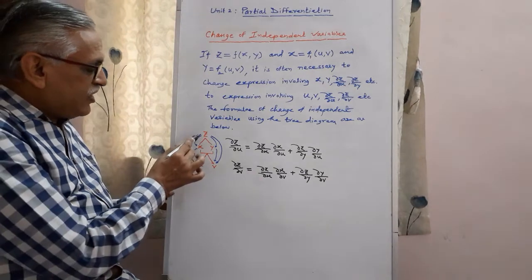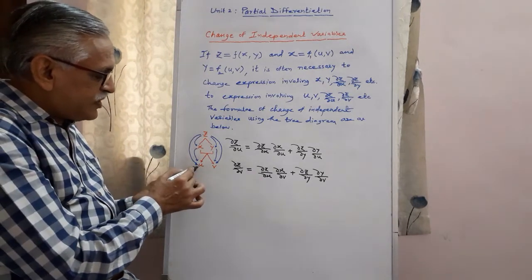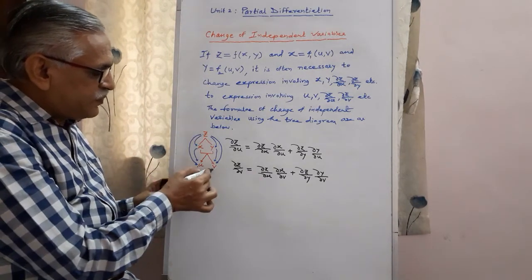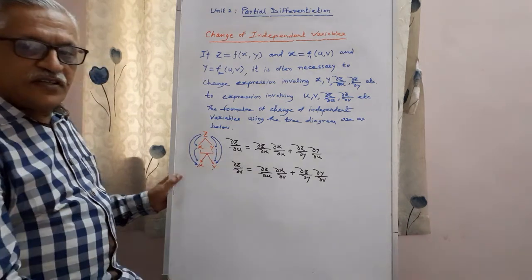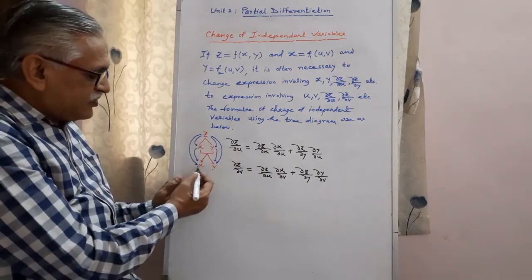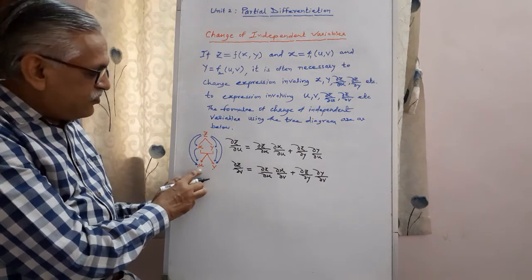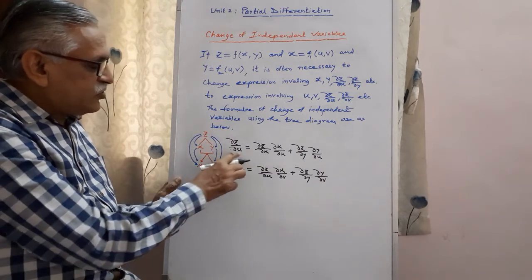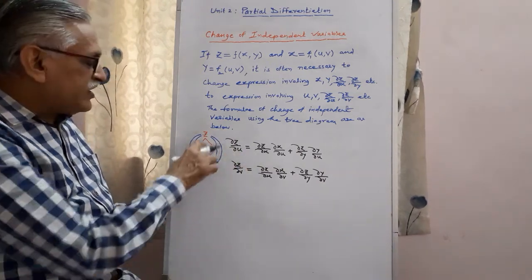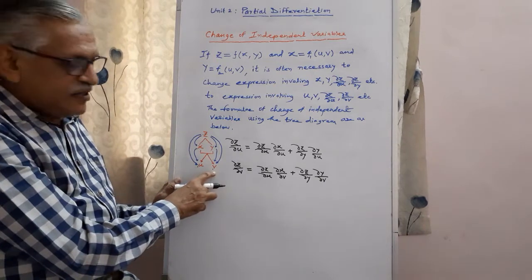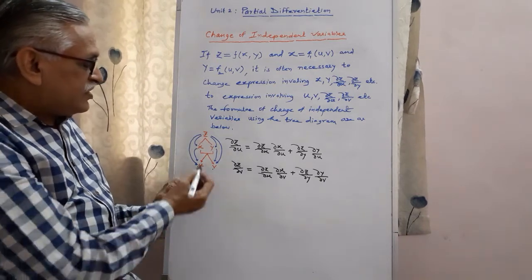Therefore, we have to differentiate z with respect to u and z with respect to v to get these two results. Z is not directly a function of u, therefore we are not able to get dou z by dou u directly, or z is not directly a function of v. Therefore, how to get these values?